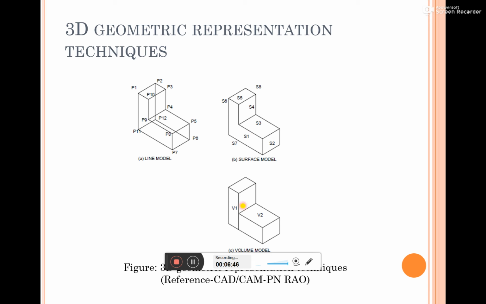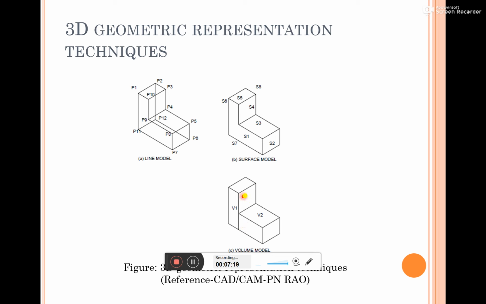And coming to the solid or volume model, we represent this shape by using two different volumes: this volume 1 and here another volume 2. By adding these two volumes we represent this particular 3D shape. So the volume model represents the entire shape.